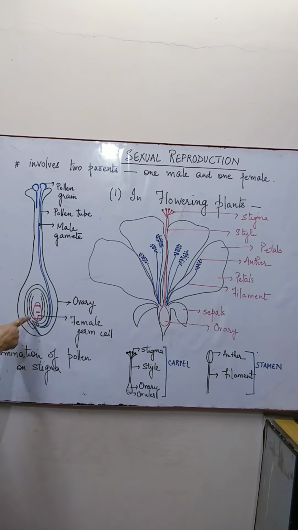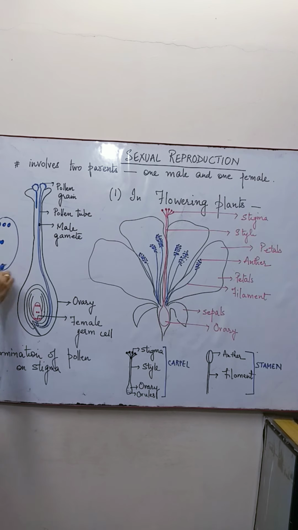When we see the structure of the ovule, it has 3 cells over here, 2 cells over here, and again 3 cells over here. This black one is the egg cell actually. So this is the diagram of the structure of the ovule.